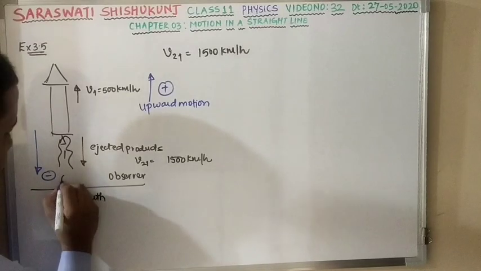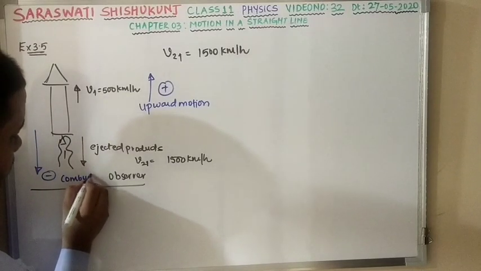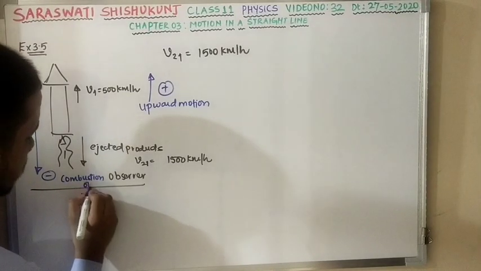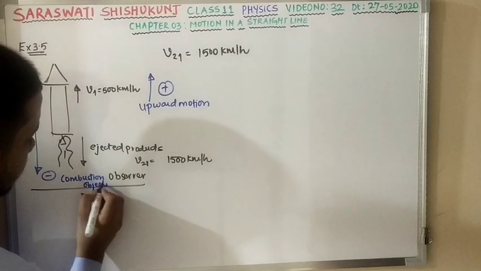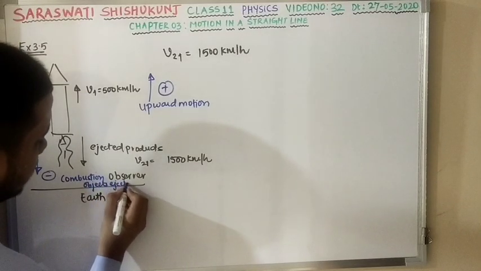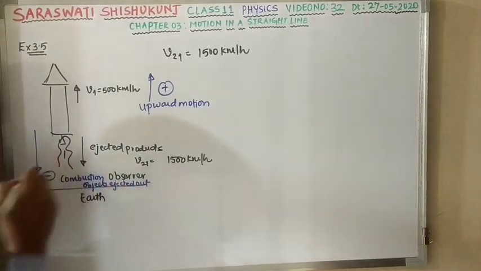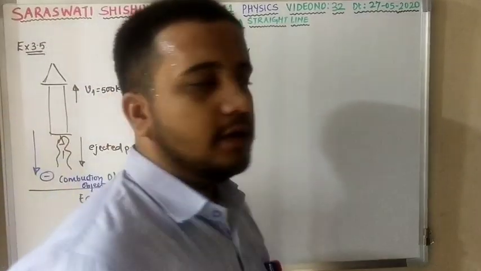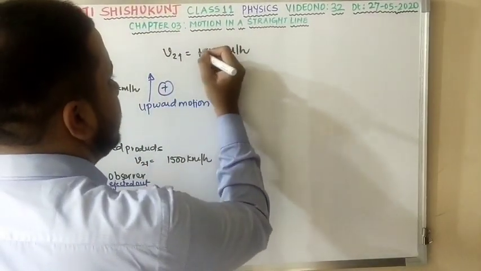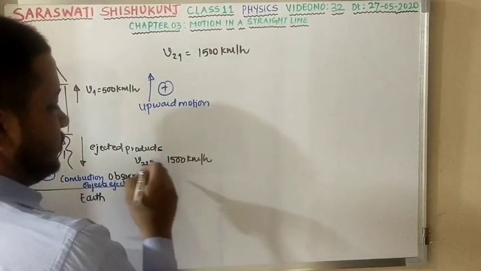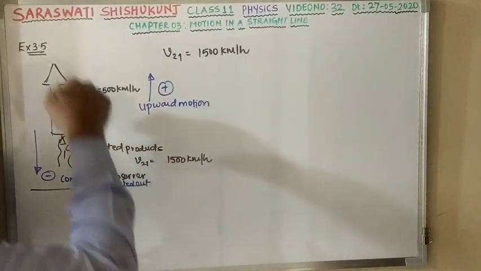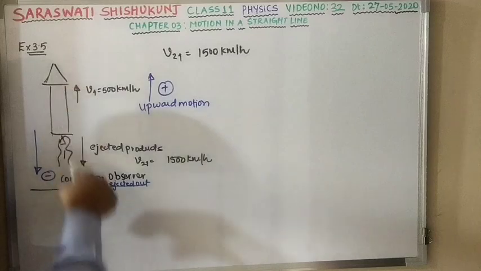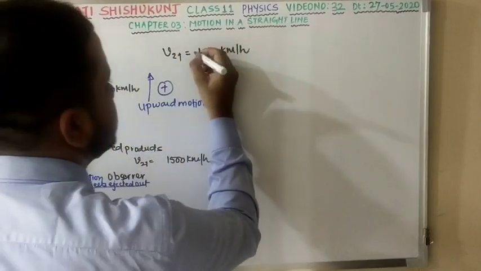Minus. Combustion objects ejected out are considered to be minus. So here you will be able to notice that the relative speed of the objects that are ejected out with respect to the speed of the rocket is considered to be minus.